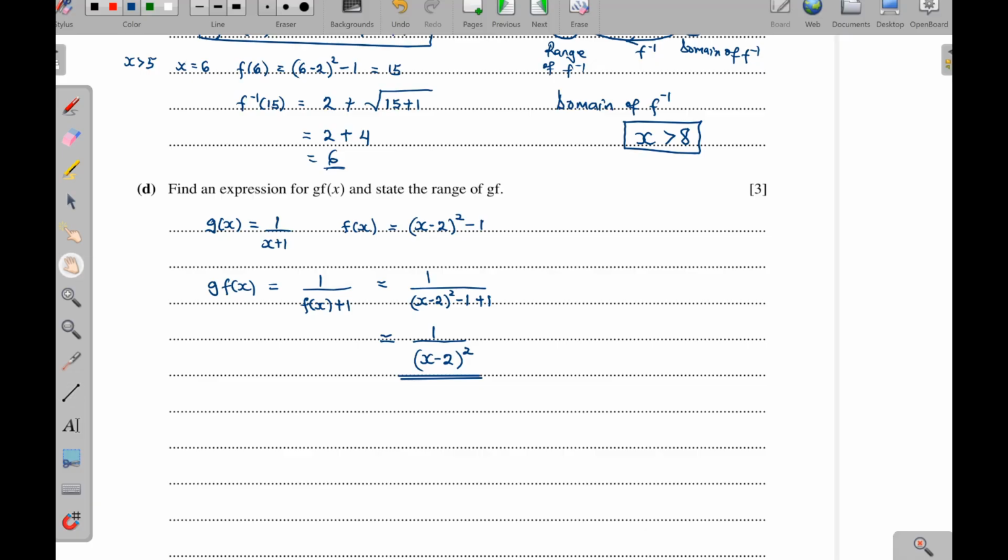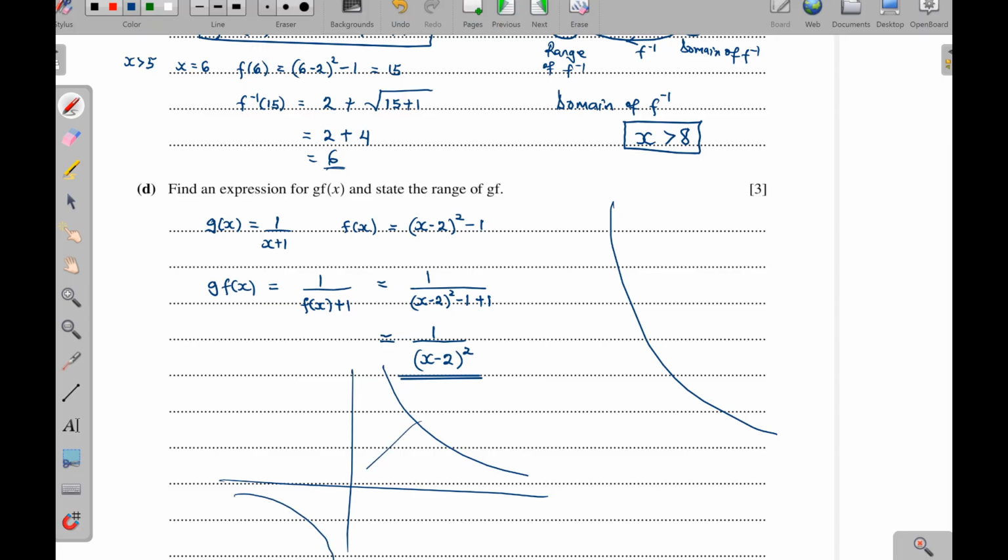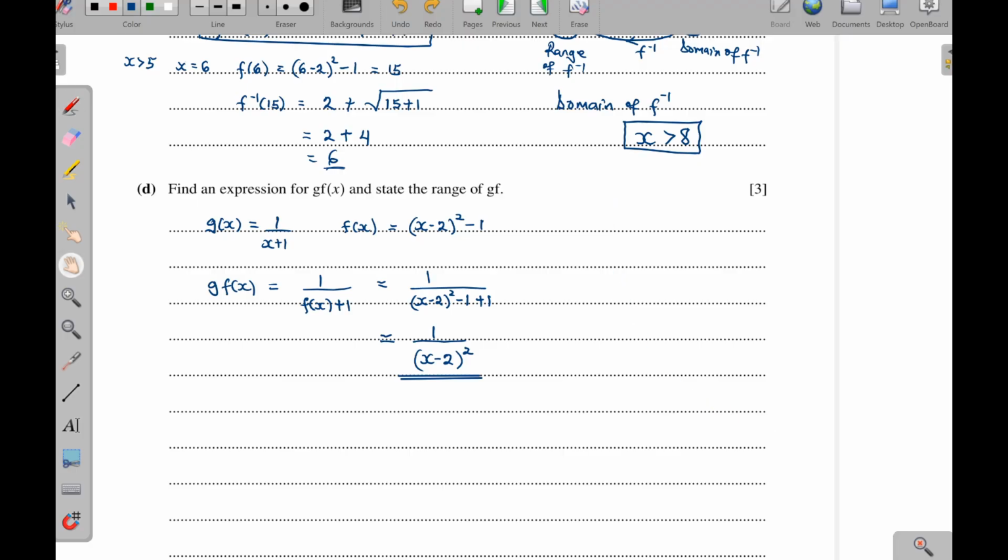Then what else? They want us to find the range of, now this one is what we call a reciprocal graph. So reciprocal graphs go like this. If you have something like this, they can be like that, and then there's a mirror in here, so they mirror themselves like that, or you can have one here and then one here. Now, what do we have here? We are going to look at these values.